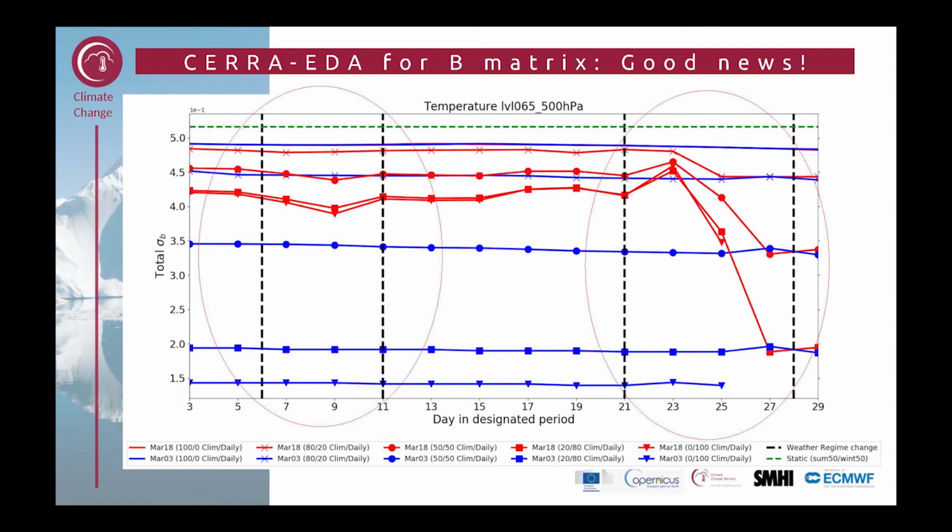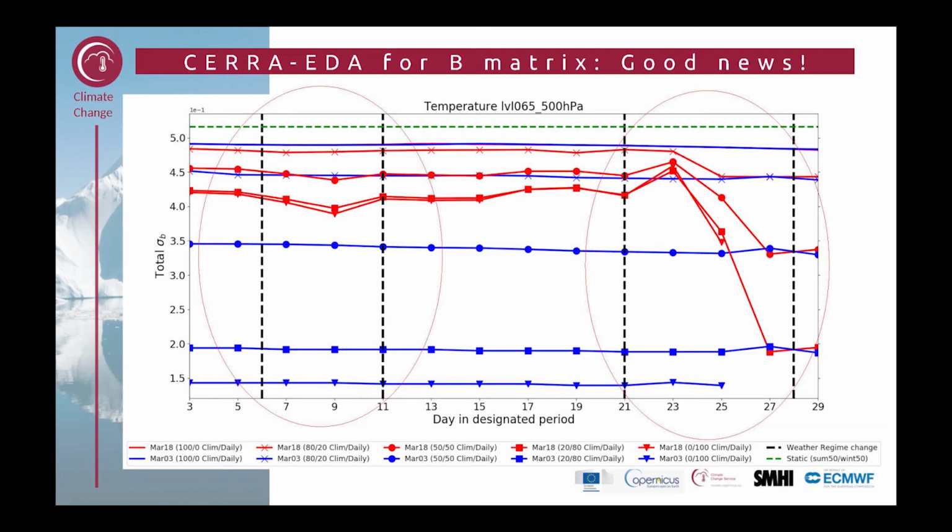Blue is March 2003. The red one is March 2018. And we tried lots of different proportional weightings between the online EDA that I showed you before and the offline EDA.